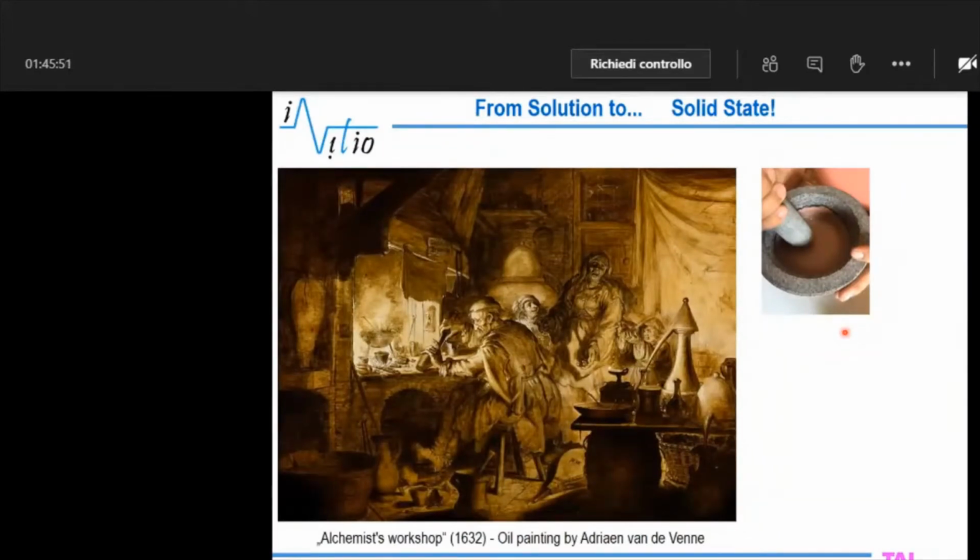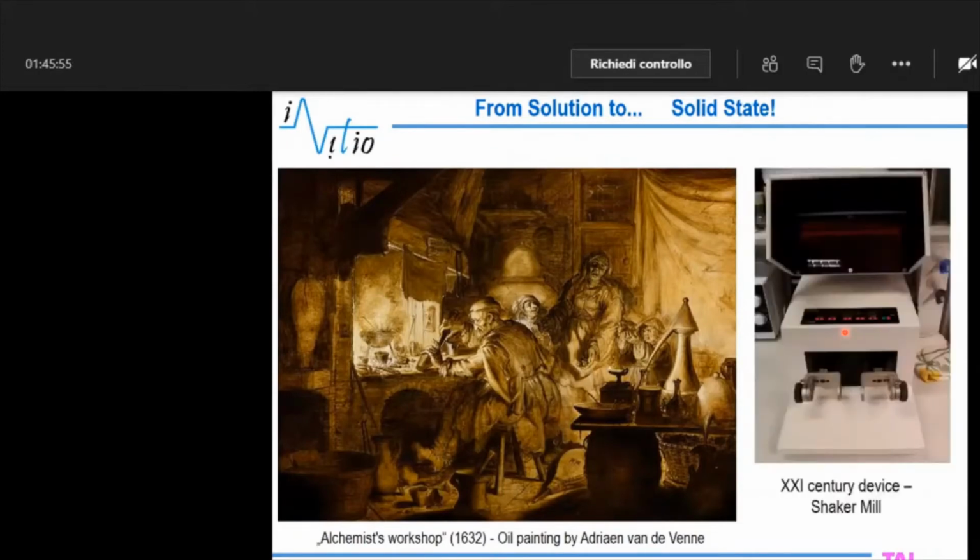But hopefully, due to technological advances, we have some 21st century devices, and we have a rapidly evolving field of so-called mechanochemistry, which actually studies how you can make chemical transformations in solid state and activate your reactants without solvent by applying some mechanical force.